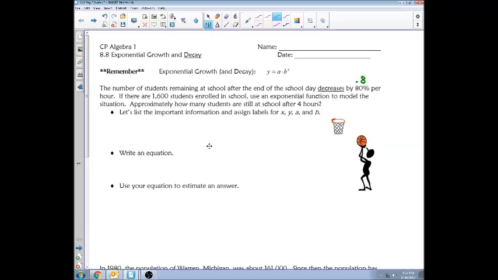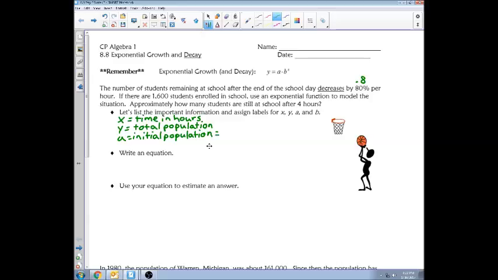So let's list the important information and assign labels for x, y, a, and b. X would be the amount of time in hours. Y would be the total population. A would be the initial population, which we actually know.